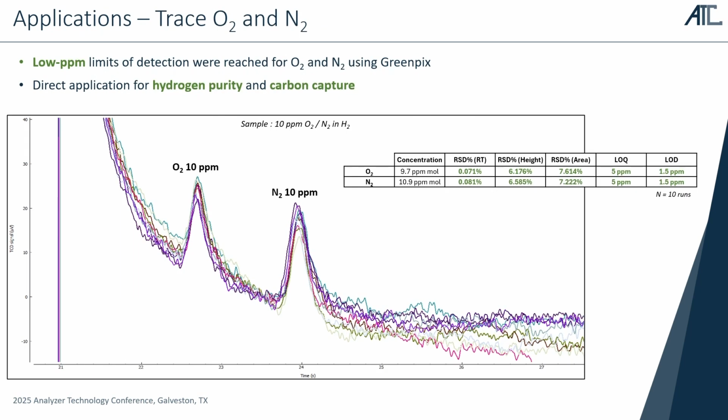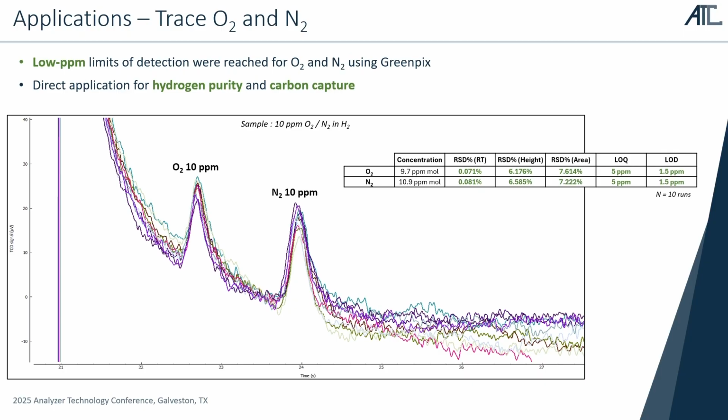Now, trace oxygen and nitrogen is a crucial application and a crucial problem in hydrogen purity and carbon capture. I mentioned the ISO 14687 norm. As far as I know, GC is one of the only ways to measure nitrogen at such concentrations for this norm.